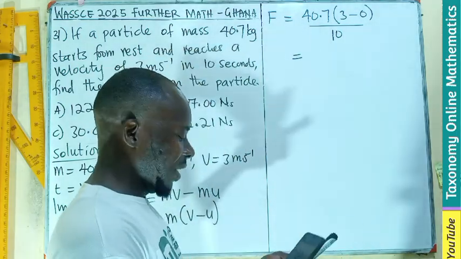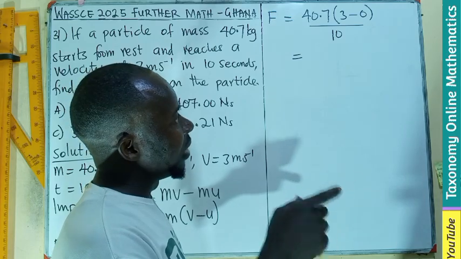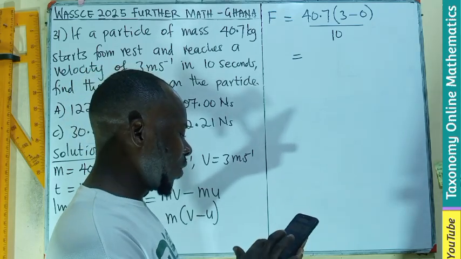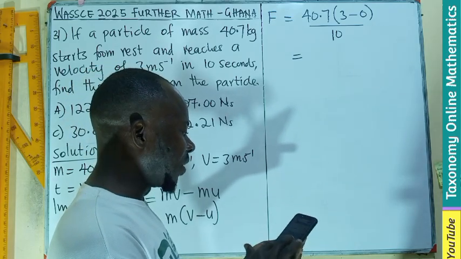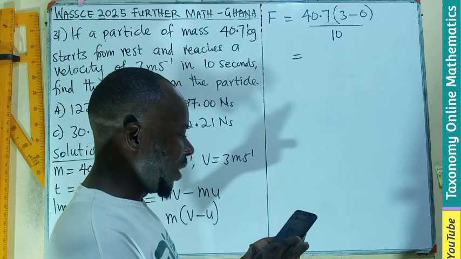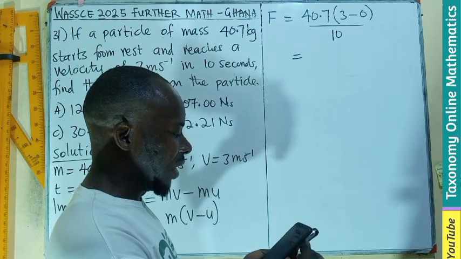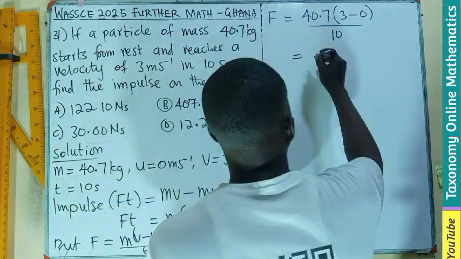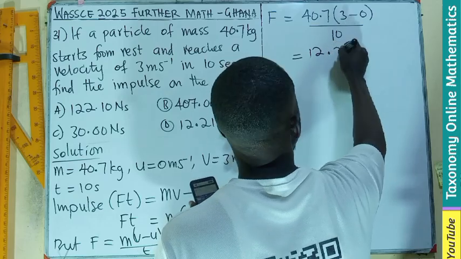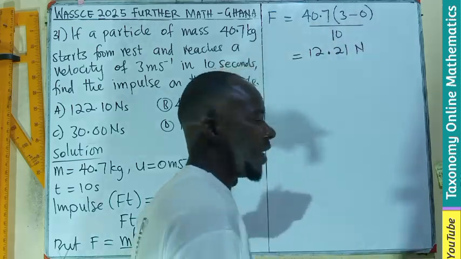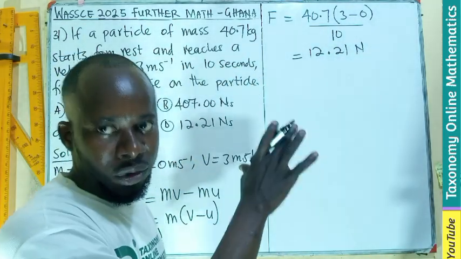So the bracket will be 3 alone. So 3 times 40.7, divided by 10, will give you 12.21 Newtons, defining only the force.